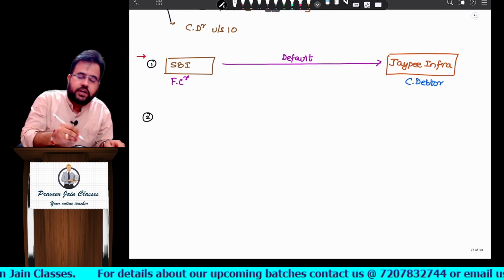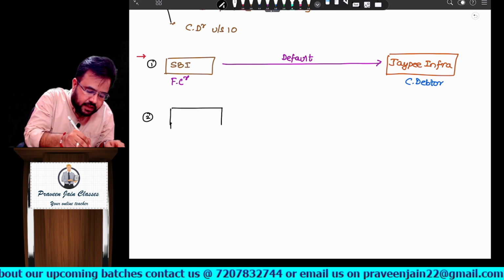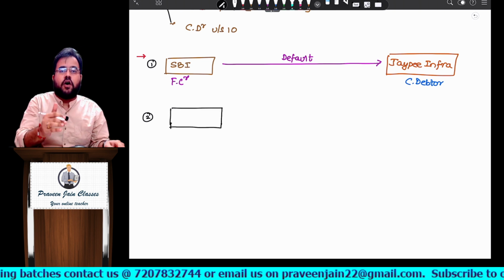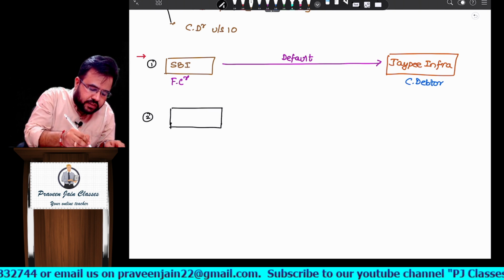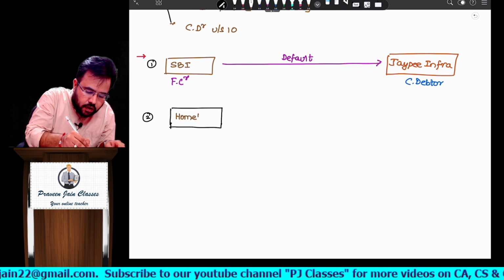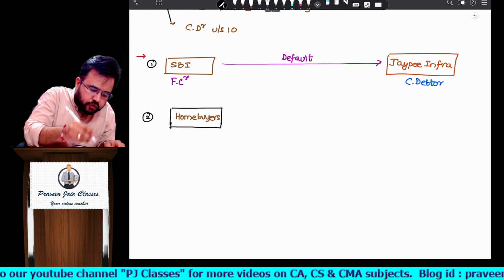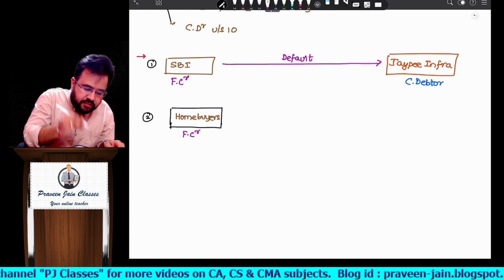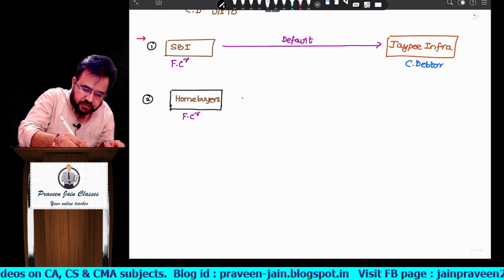Similarly, home allottees will also be financial creditors, as we have already seen in sub-clause F of the definition of financial creditor. There also I have discussed all those home buyers, or you can use the word allottees. These people also come within the definition of financial creditor. Maybe default in their case is also possible.